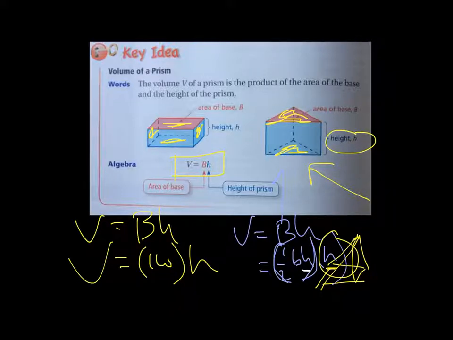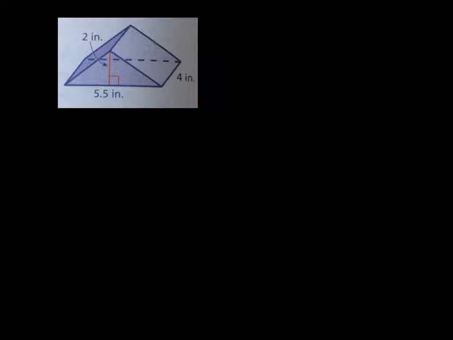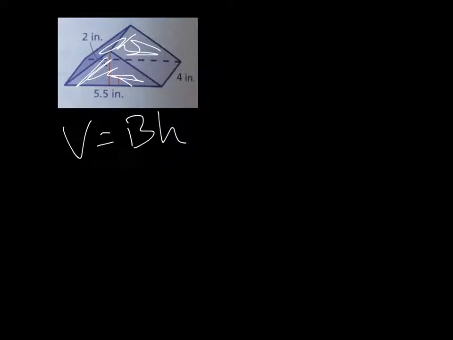So let's look at an example. If I want to calculate the volume of this, I have volume equals big B times height. The two bases, we have the triangle base here and then the one on the back side there. Those are the two triangular bases, and we know those are the bases because they're the only two that are parallel to each other. It's a triangle, so my area formula is 1/2 base times height.